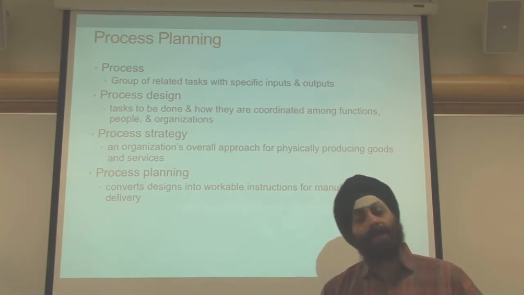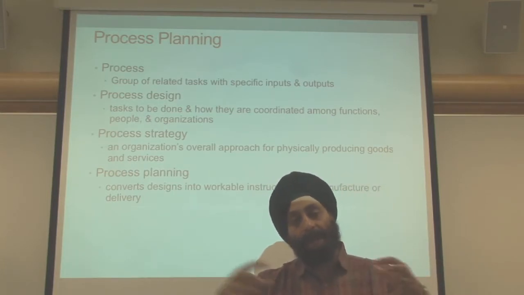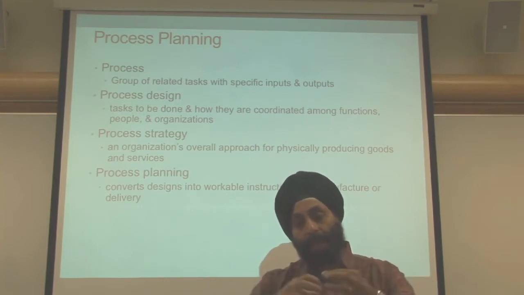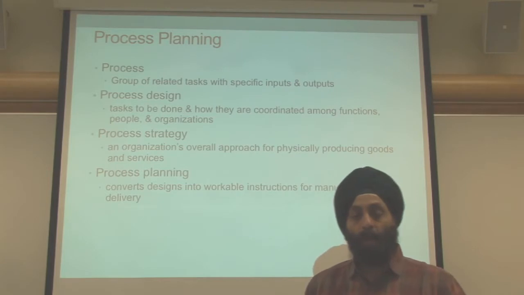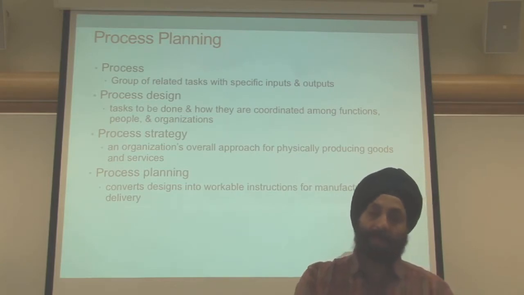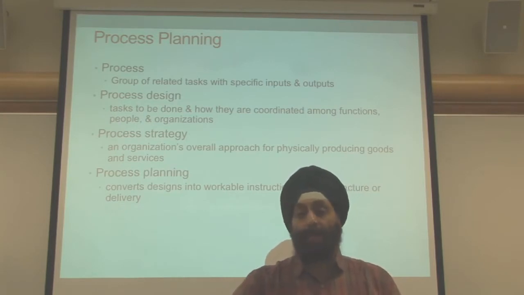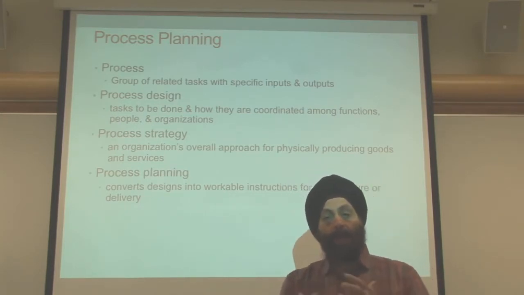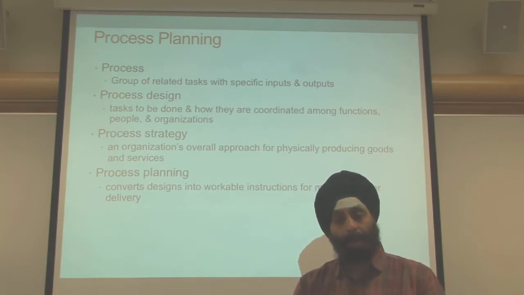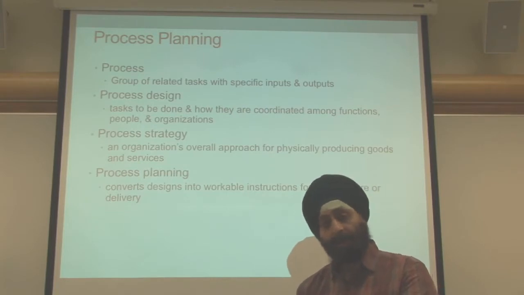So when you are designing a process, what you are looking at is how a variety of activities that are done to produce the product or services should be interrelated. What needs to happen first, and as soon as activity A is done, which activity can be done next. So thinking about that, or certain activities are substitutable. Instead of activity A, can we do activity B first and go back to it?